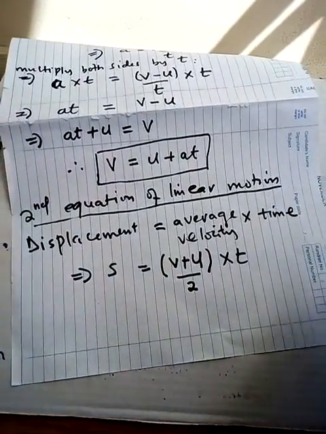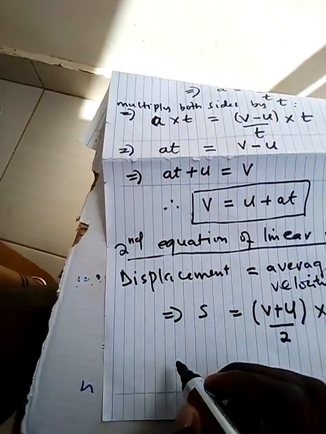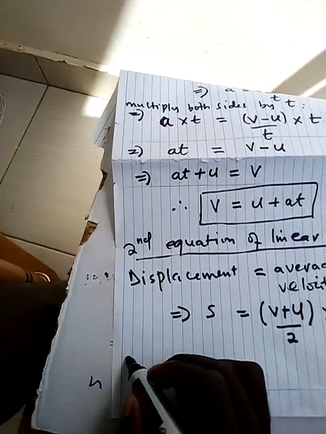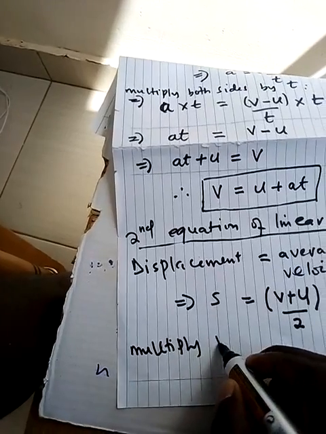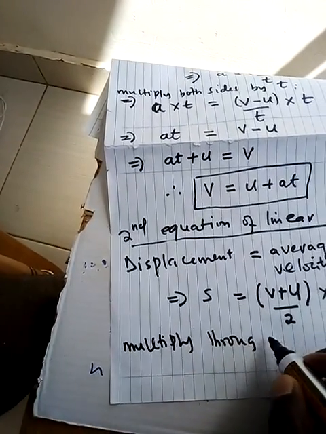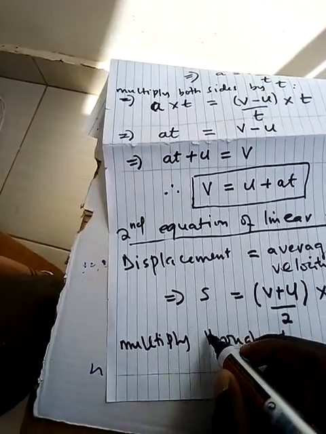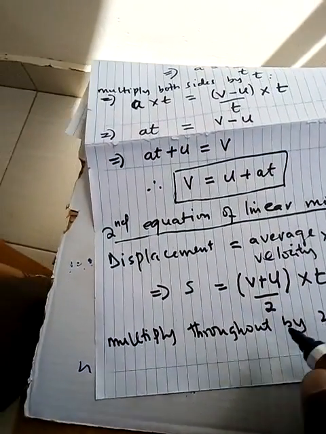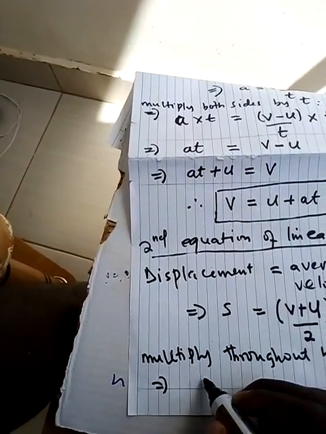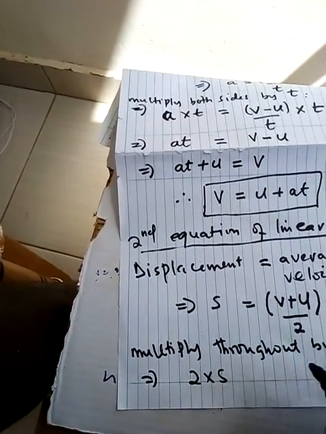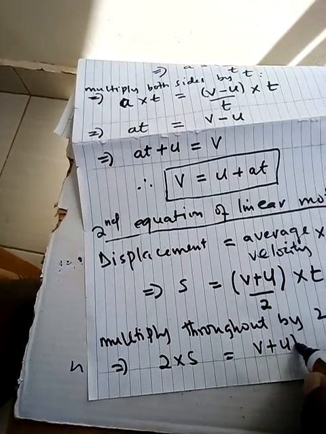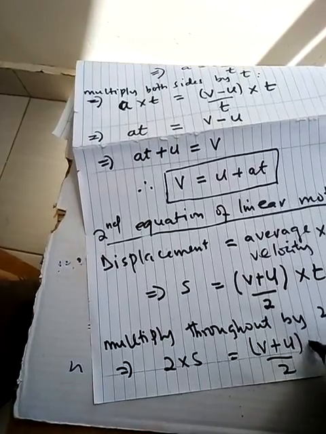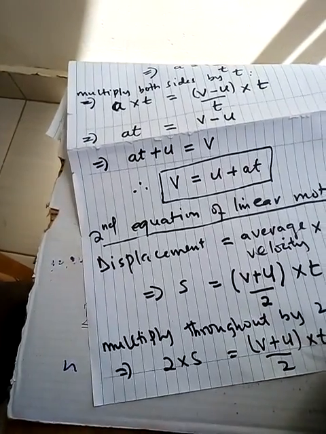Now, if I multiply throughout by 2, we have 2 times s is equal to (v plus u) divided by 2, times t, again times 2.